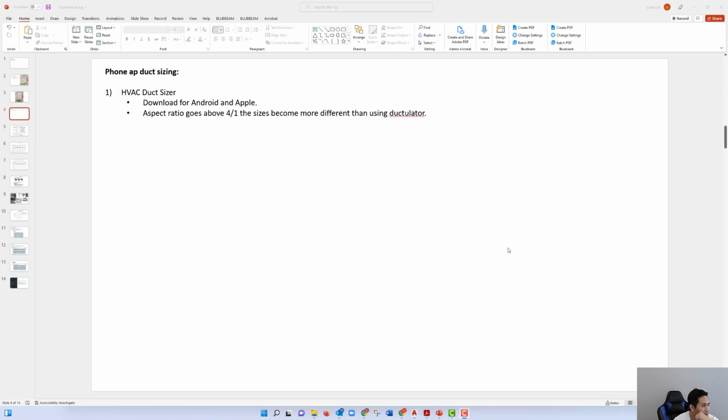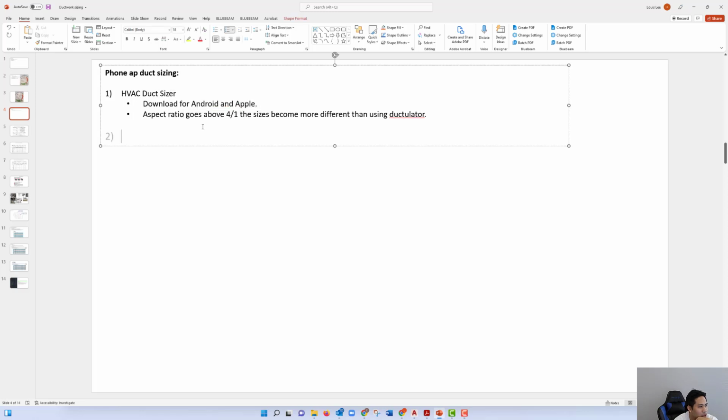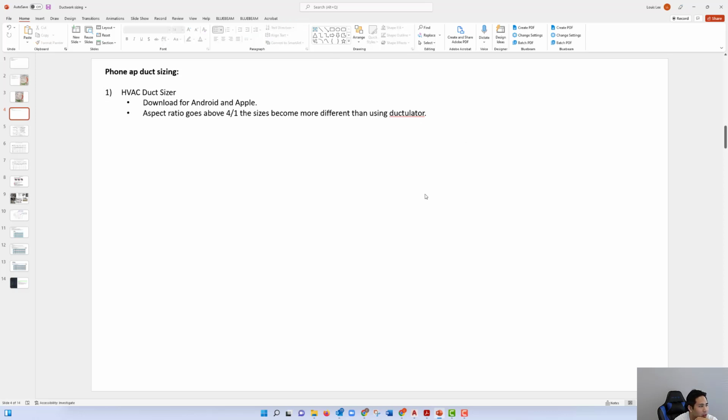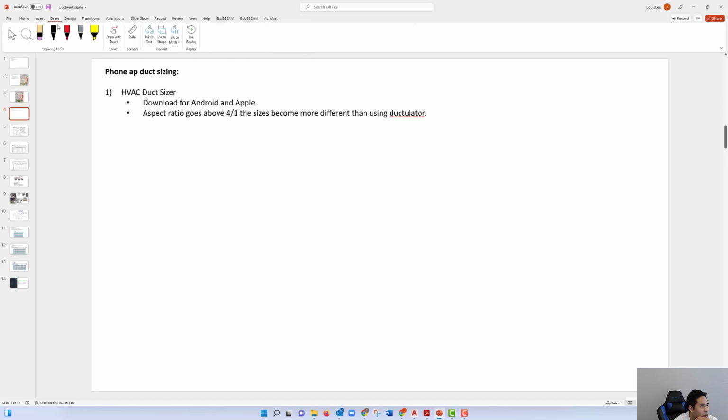So using the HVAC duct sizer app, what I noticed was that as the aspect ratio goes above 4, the sizes become more different than using the ductilator. So in our example, we actually had these sizes here. For the ductilator, we had one size being 26 by 12.